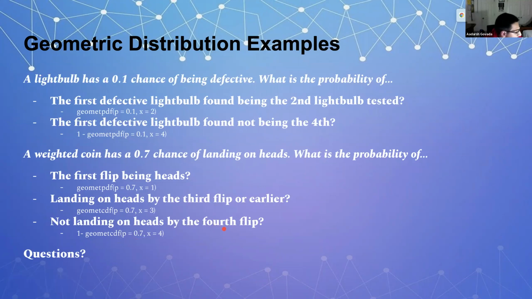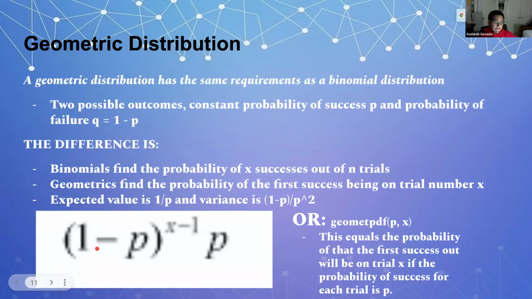Is there a way of solving this problem without a calculator? There is. Instead of putting geometpdf, p equals 0.7, x equals 4 into your calculator, you would plug it into this formula. So p equals 0.7, 1 minus p equals 0.3, to the power of x, which is 4, all of that times p, which is 0.7.